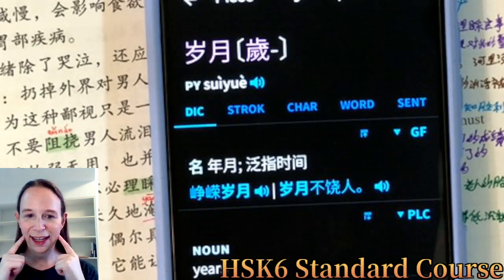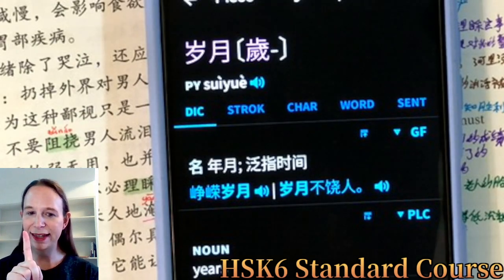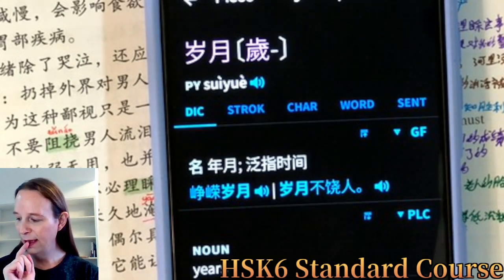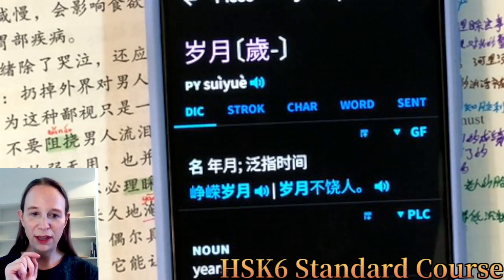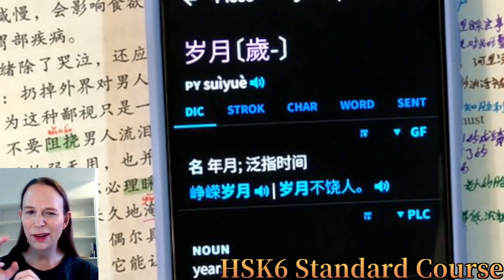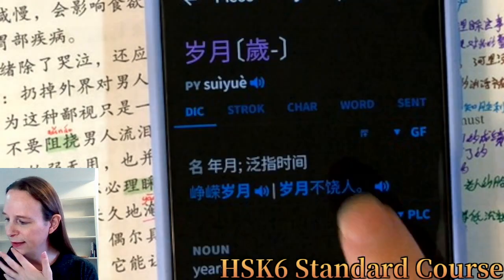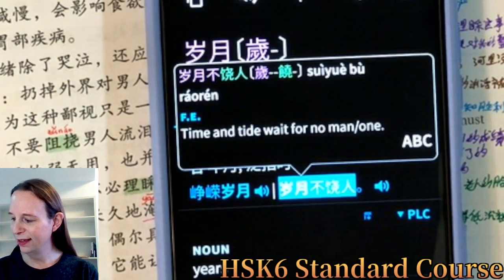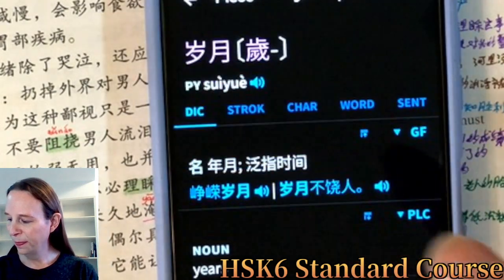So I'm thinking of two possible interpretations. One is that everyone dies, or two is that if you commit a bad deed, sooner or later you will get your comeuppance. Time and tide wait for no man. That's different.